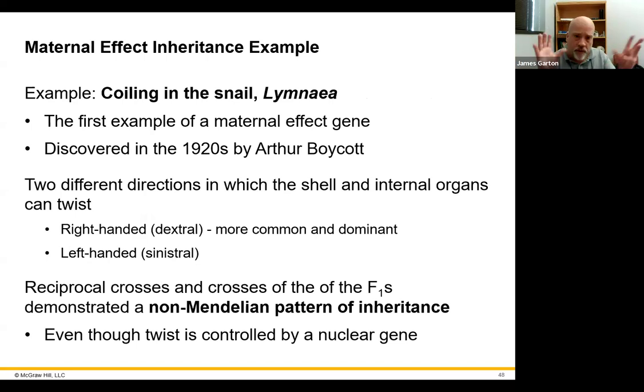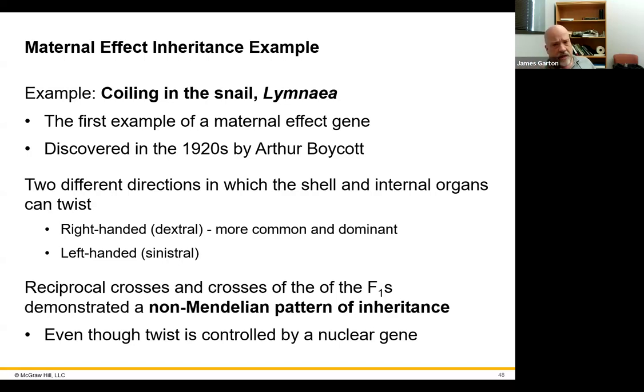And so there was coiling in this snail, discovered about 100 years ago. These snail shells can have a right-handed twist, which is called dextral, or a left-handed twist, which is called sinistral.